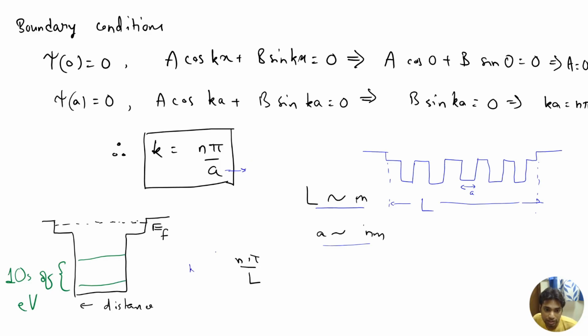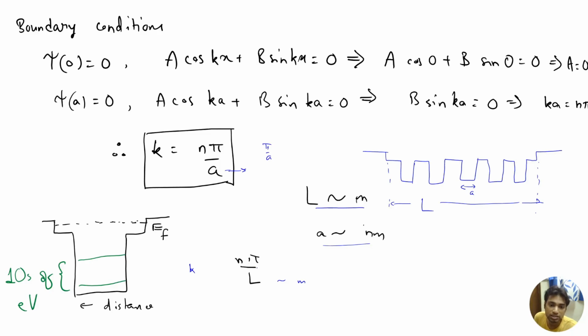Now if the distance of this well increases and goes to the order of, let's say, a meter, then what do you have to think of these n values, like what would be the gap? The gap will be of the order of pi by a between each k value, because n are integers.